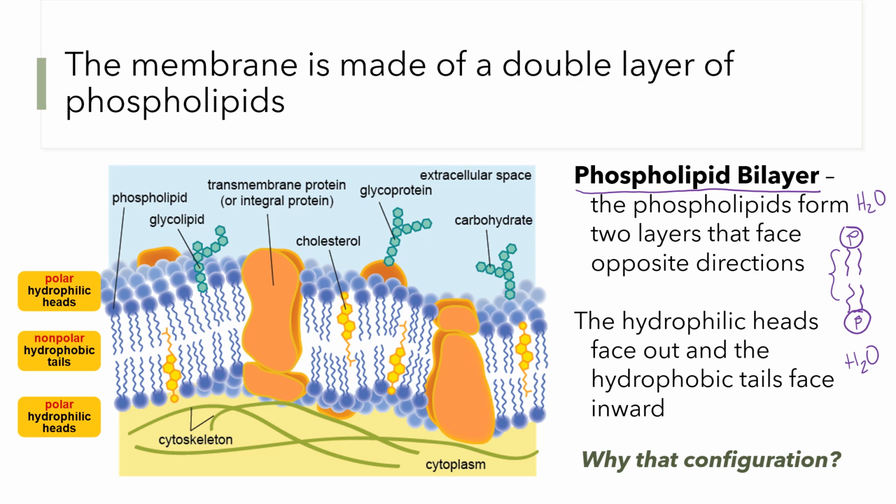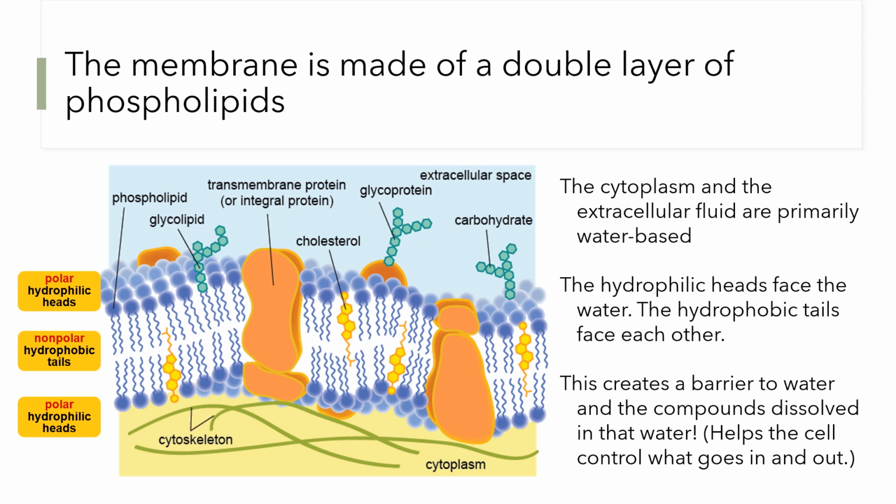So you can see here in this image, you see a bunch of those phospholipid heads on the outside. And then on the inside, we get this nice non-polar area where all of the tails congregate. And that's going to be creating this barrier that does not really allow anything that likes water, anything that's hydrophilic, to pass through.